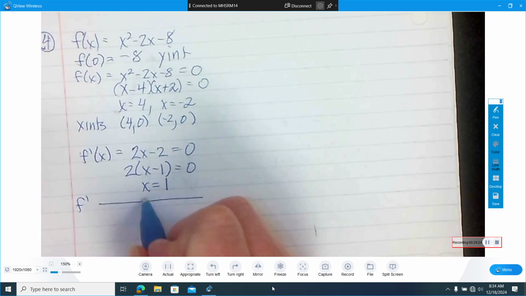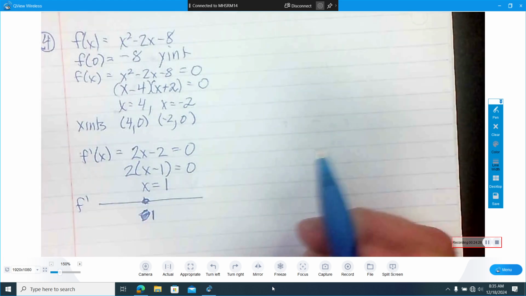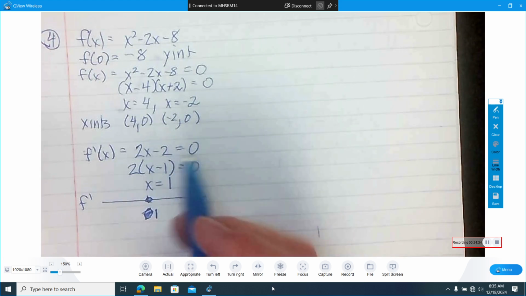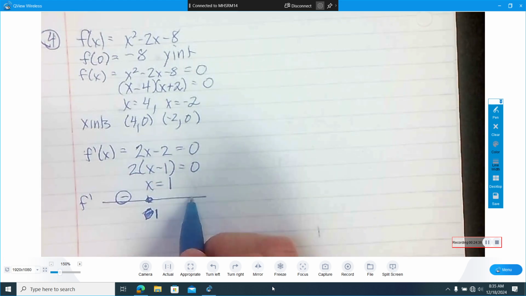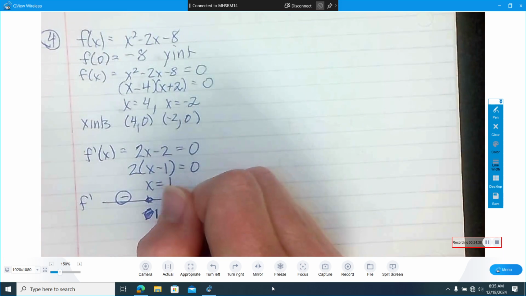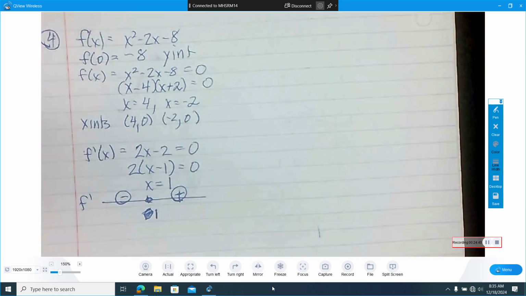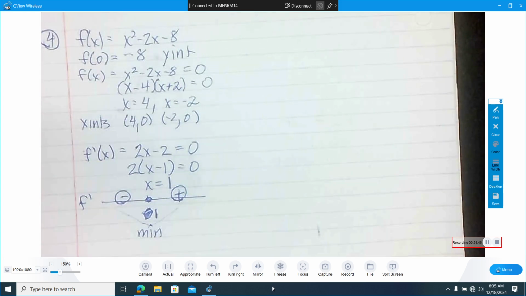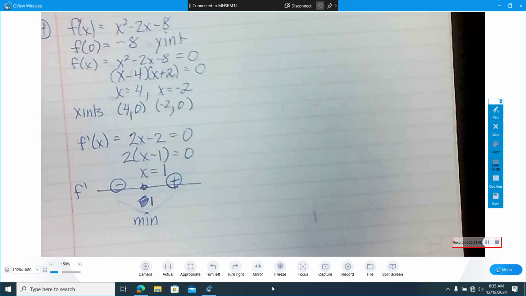And I'm going to go ahead and do a quick number line at 1. To the left of 1, like 0, we would get a negative result. And to the right of 1, like 10, we would get a positive result. And so we're going from decreasing to increasing, which means we have a relative minimum at 1.